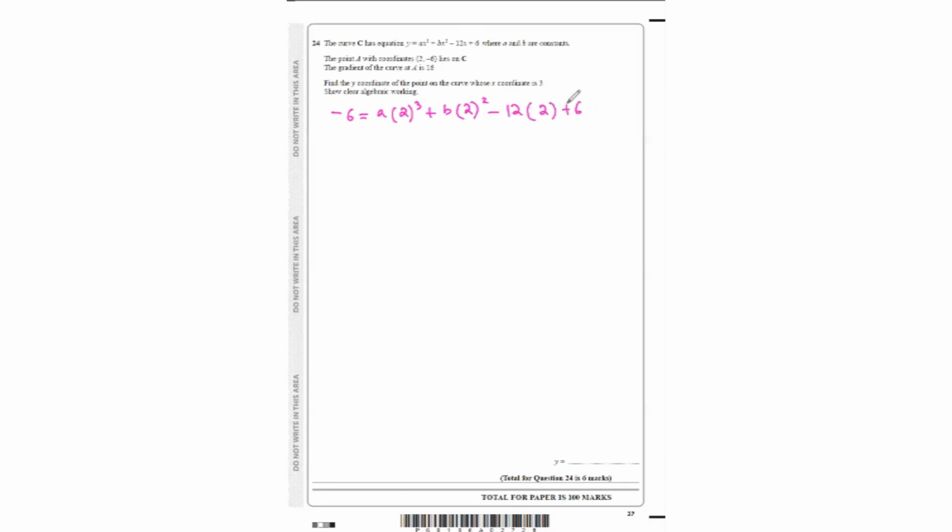So when we substitute these, what we get is negative 6 equals 8a plus 4b minus 24 plus 6. We take the negative 24 and positive 6 to the other side, so negative 6 plus 24 minus 6 equals 8a plus 4b, which is 12 equals 8a plus 4b. This is our first equation.